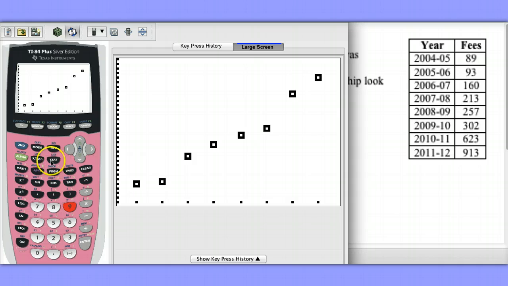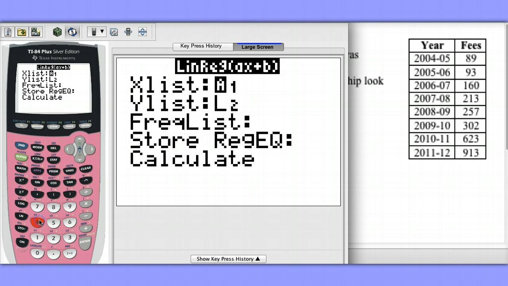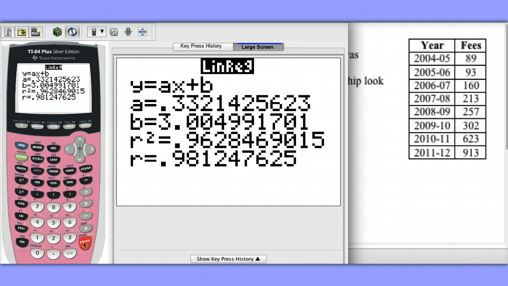So to do a least squares regression line, I'd go to Stat, Calc, Linear Regression. I'm going to use list 1 and list 3 now. And I'll come down here to Calculate. And let me write down that equation.